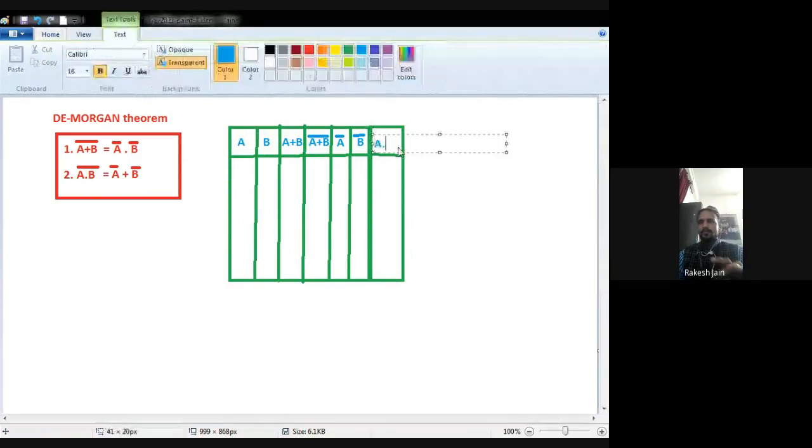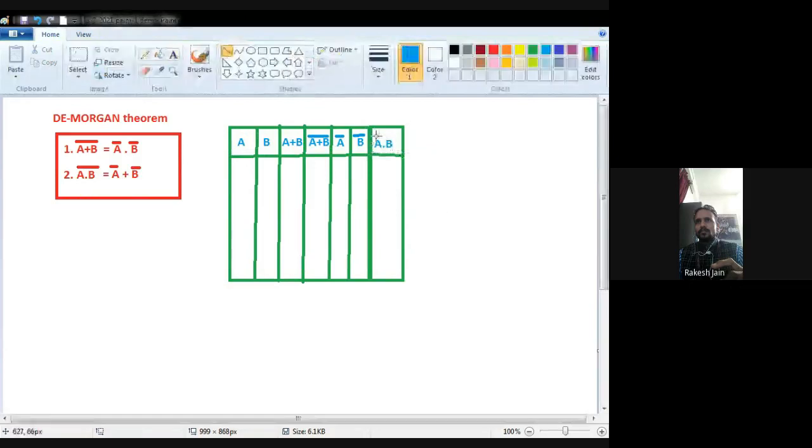And for the RHS I require A bar, means the complement of A. I require B bar, means the complement of B. So this one is A bar, this one is B bar, and the last one is A bar dot B bar.